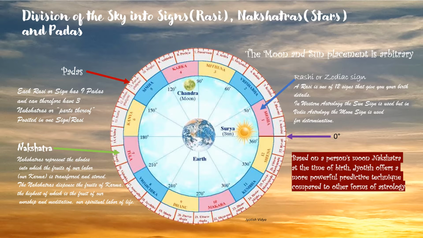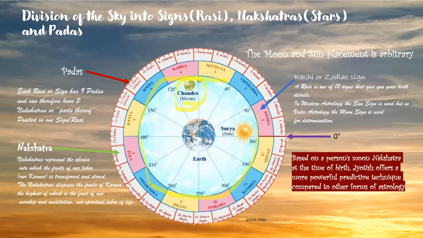So Aries, we go around and we get all 12 signs, which are the Rasi or the zodiac sign. In Vedic astrology, we also look at the moon, where we have the Janma Nakshatra or the Janma star.